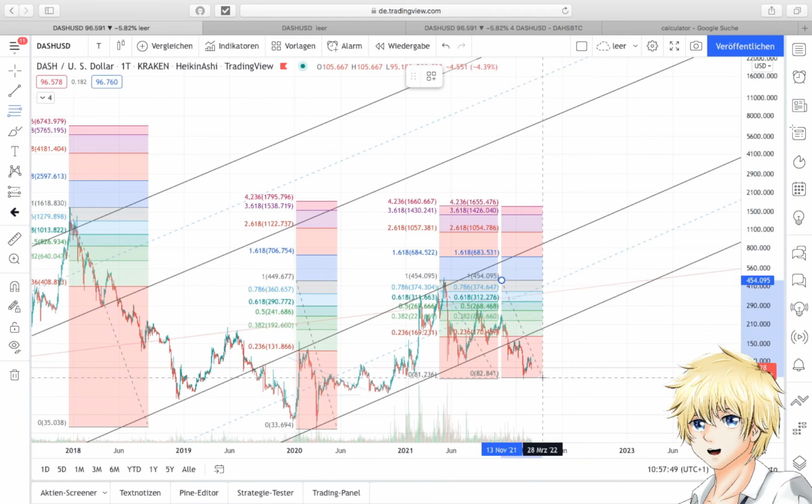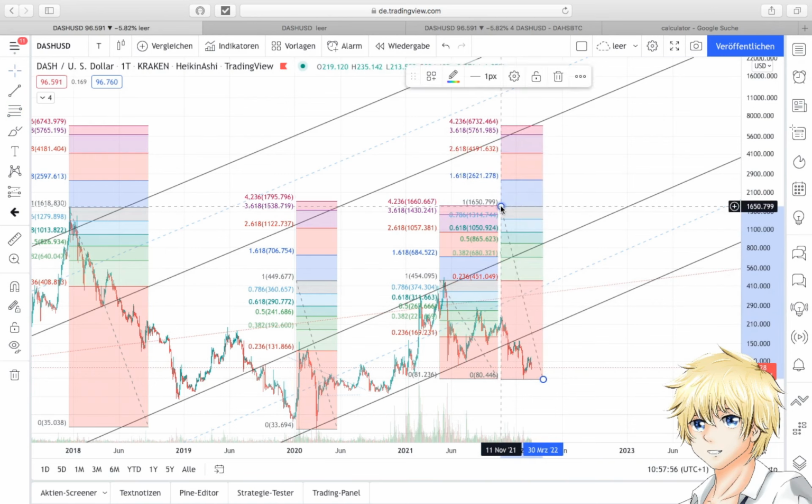So again, I will keep it the same for the moment, the 1 here, the 0 here, but I will draw this out, and now I will take the 0.236 here as a top, and this one, the 0 here at the bottom, like I did here. And then we see, of course, the 1 is right here in this level as all the other ones, and we even have a much higher potential target here with the 4.236.